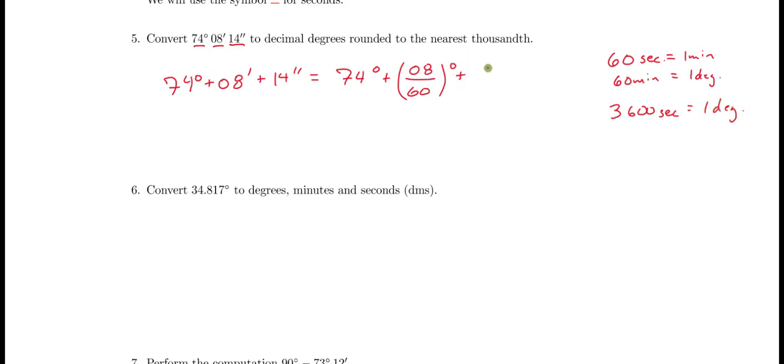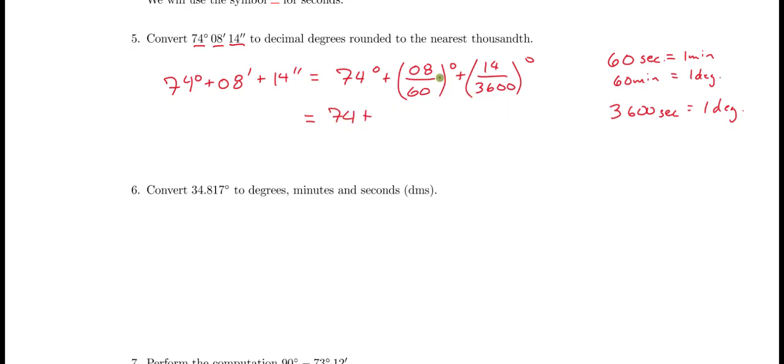And so I'm going to add to this 14 divided by 3,600. If you'd like more of an explanation of this, if you find this challenging, please come by and see me, and I'd be happy to explain that in more detail. What this now enables me to do is to write each one of these in terms of degrees, so these will be fractional parts of degrees.